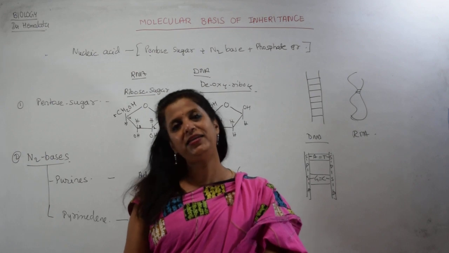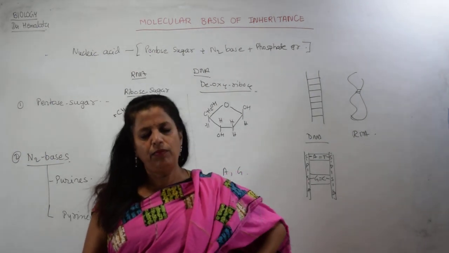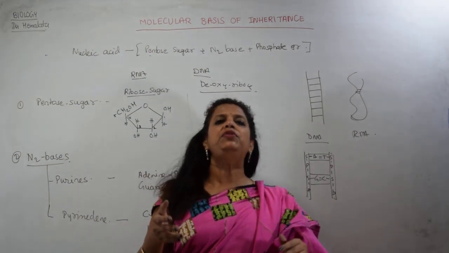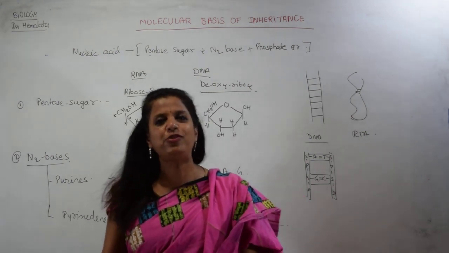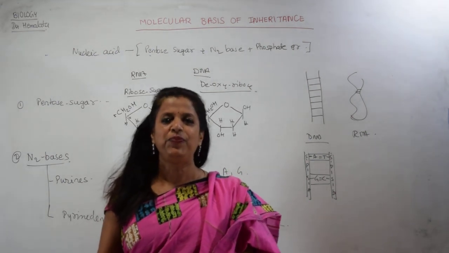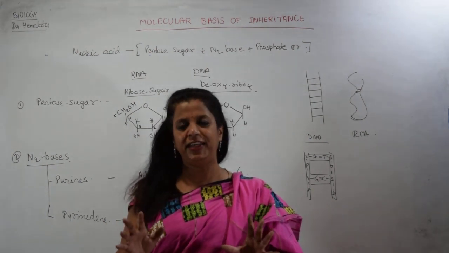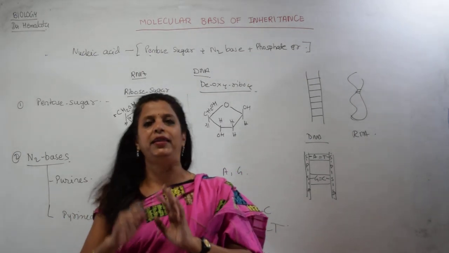That is circular DNA found in the cytoplasm. Mostly the DNA is found in the nucleus, but sometimes it is found in the cytoplasm also. Sometimes it is found in certain organelles also. Which organelles I told you? One is mitochondria, one is chloroplast. Both contain the DNA as naked DNA. They are not covered by anything.